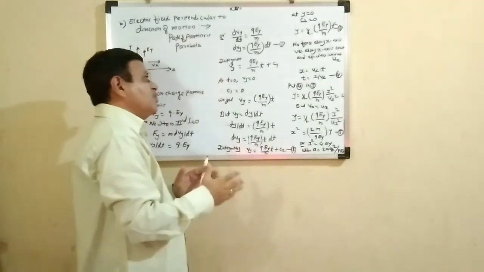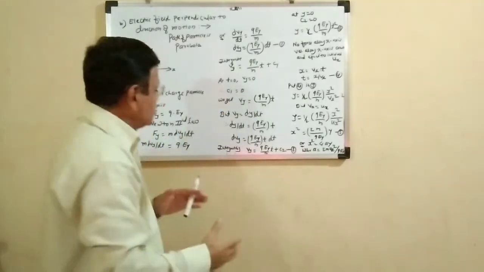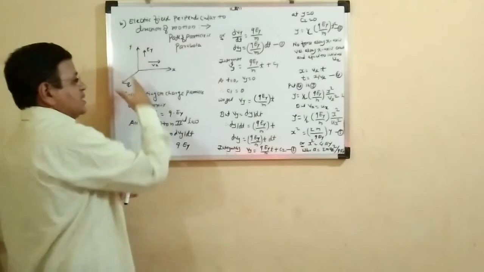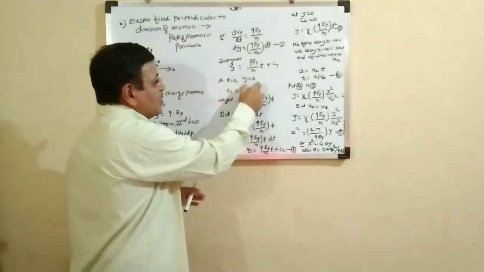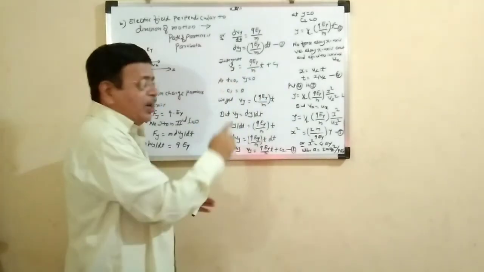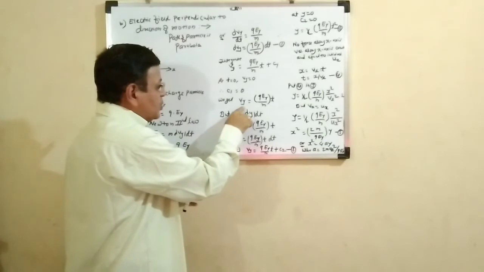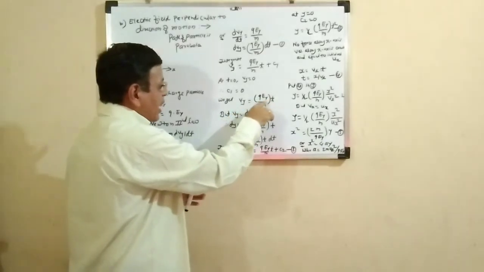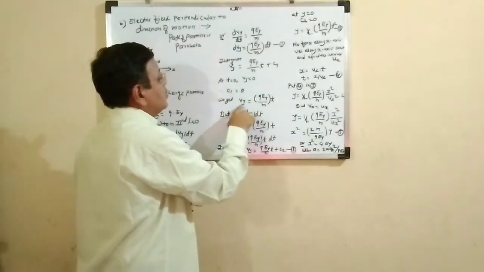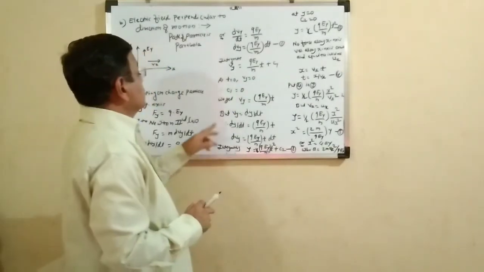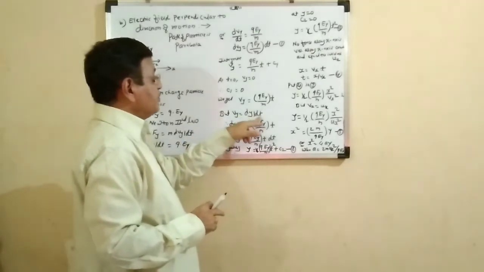We find the value of the constant of integration by considering that at t equal to 0, the velocity of the charged particle along the y-axis is 0. Putting t equal to 0 and vy equal to 0 in this equation, we get c1 equal to 0. And we get vy equal to qEy by m into t. Since c1 is 0, vy equals this. The velocity along the y-axis is dy by dt.